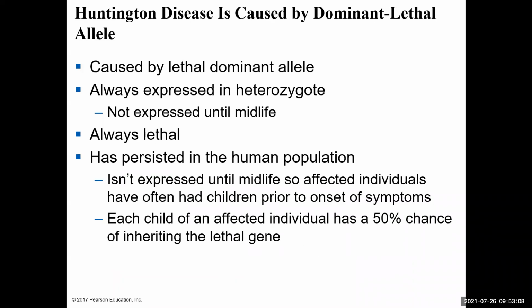Now there are diseases that can be caused by dominant alleles, and these are usually dominant lethal alleles. If you are an individual that has a dominant disease, or it's in your family, you're most likely heterozygous.